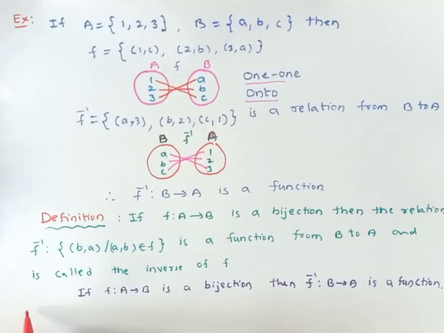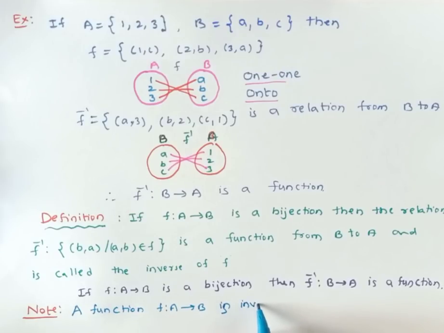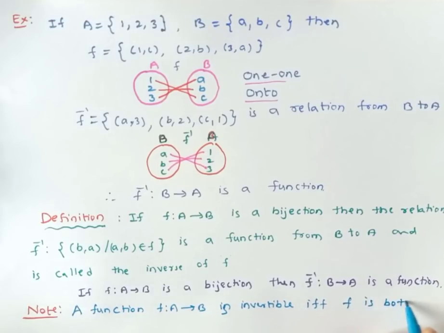Here you can write one note. You can observe one note. Here a function f from A to B is invertible if and only if f is both one-one and onto.